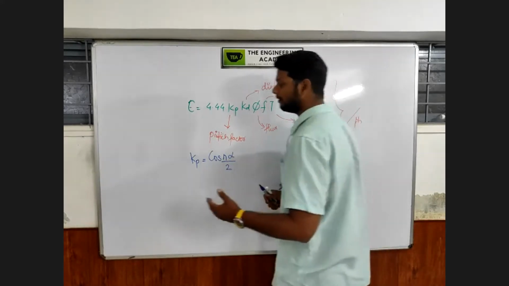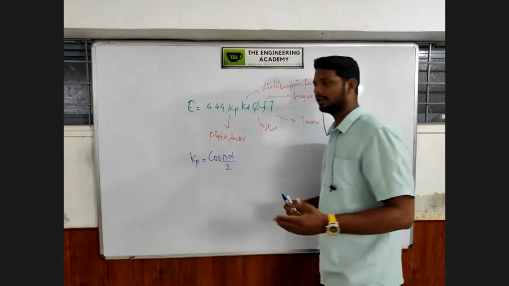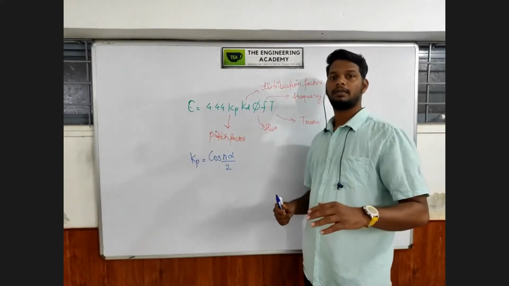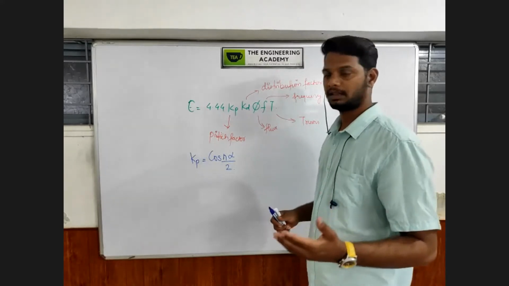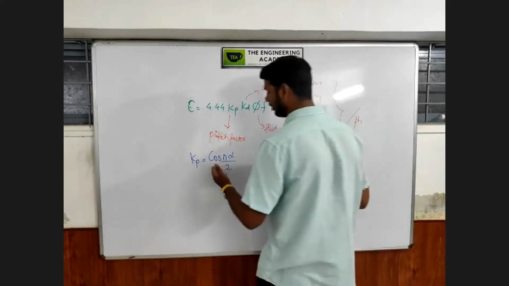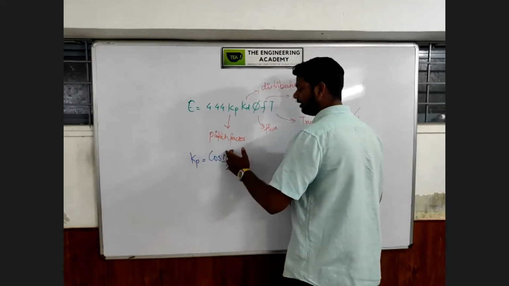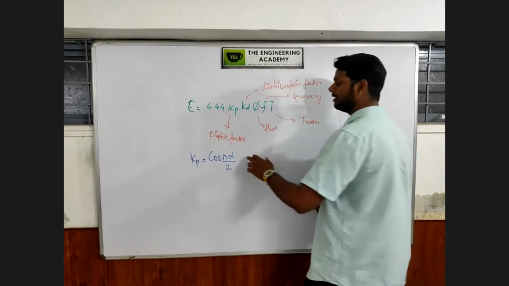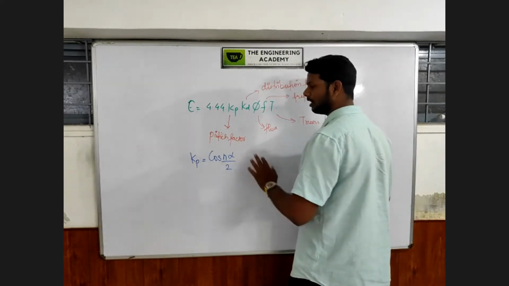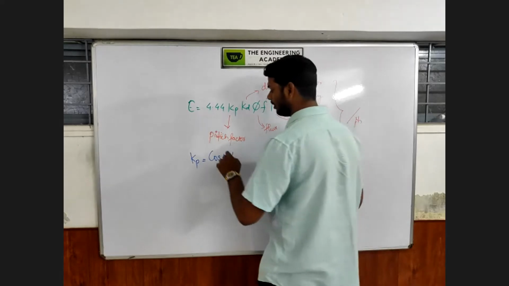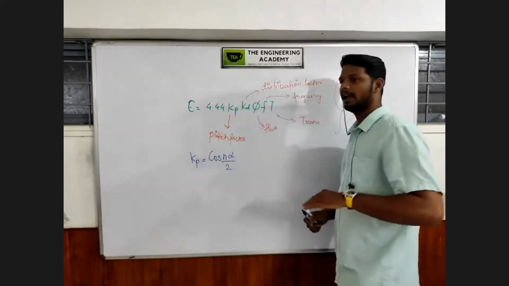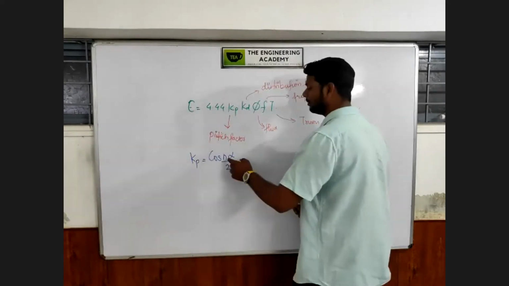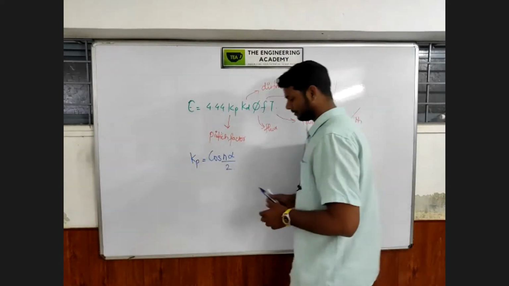If in the GATE exam they ask what is the pitch factor for the fifth harmonic, then in place of n you have to put 5. I will discuss alpha shortly, but for now remember that for the nth harmonic pitch factor, the nth value should be placed in this n.